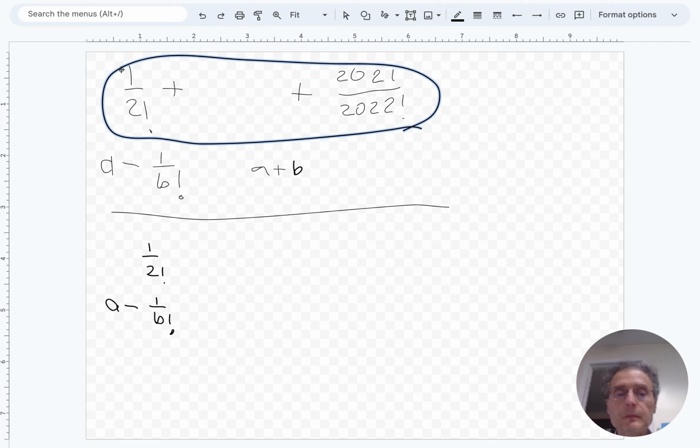But this becomes a much simpler problem if you know that. And this is the trouble with these math problems, is that they're very simple if you know all the tricks. So we know that a is 1, and this is a guess at this point, minus 1 over b factorial.